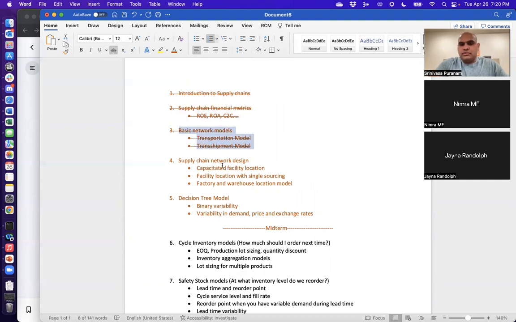Now, supply chain network design, I'm not going to ask you factory and warehouse location models, but the basic and slightly more interesting capacitated facility location model. So capacitated facility location and capacitated facility location with single sourcing, there will be a question based off of that on the final exam. Now, decision trees.